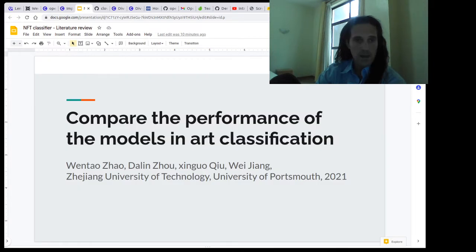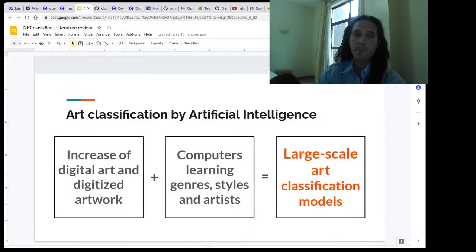So let's go. The first one, Compare the Performance of the Models in Art Classification, was published in 2021. Mostly, it's art classification done by artificial intelligence.